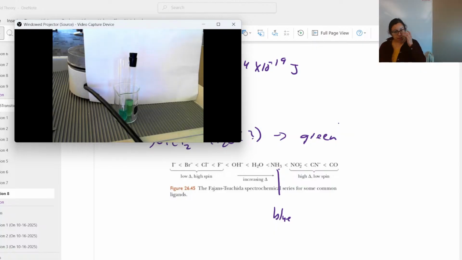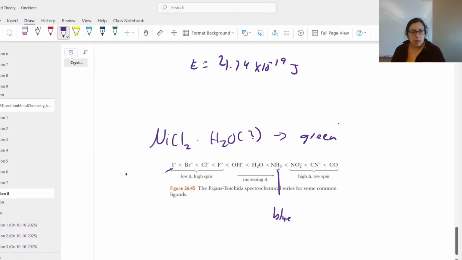But just kind of implying, right, from our spectrochemical series, that maybe this would be more low spin. So it's kind of yellowish.